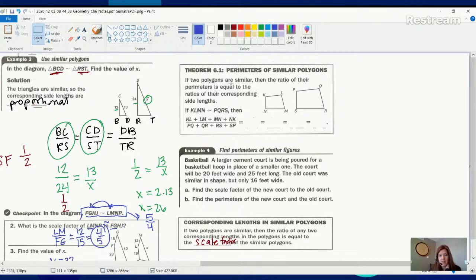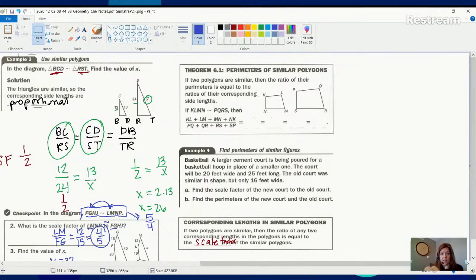Okay, so what that means is if you have two similar polygons here, in this example, it's KLMN and PQRS. If you add up the perimeter, just remember, means walking around the outside, adding up all the outside edges, right? If you compare the ratio of the perimeters, it's the same as the ratio of every single side.